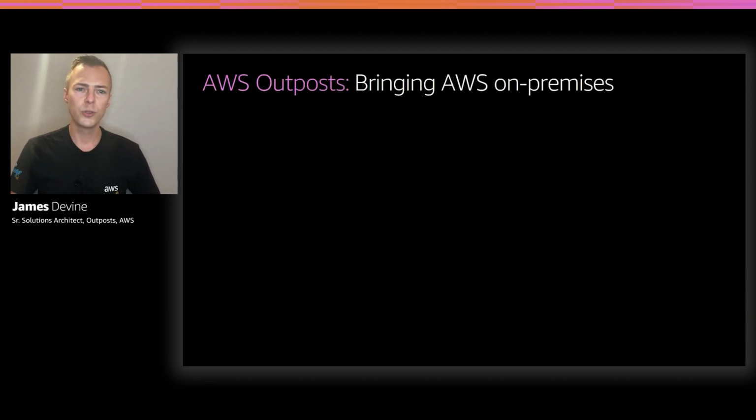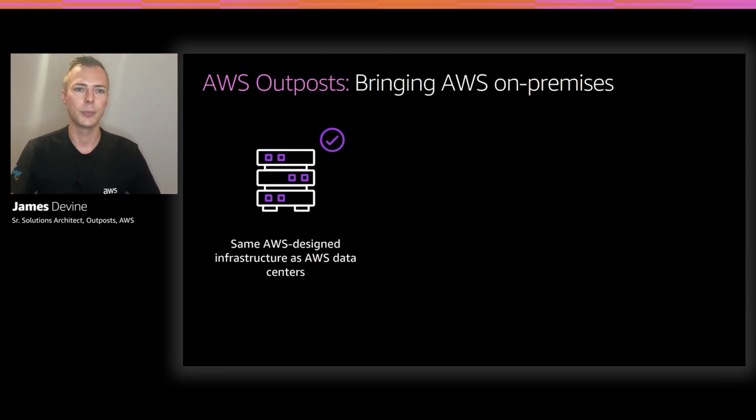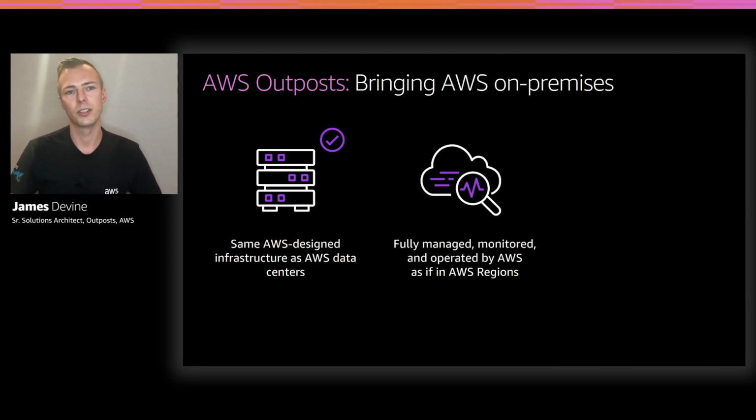So going through what Outpost is, it's really bringing the AWS experience to on-premises. It's designed to use the same hardware infrastructure that we use in our commercial AWS regions. So very similar hardware and configurations that we'd have in our region, and you're able to leverage that same hardware and our ability to deliver.